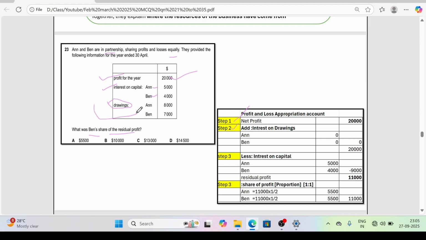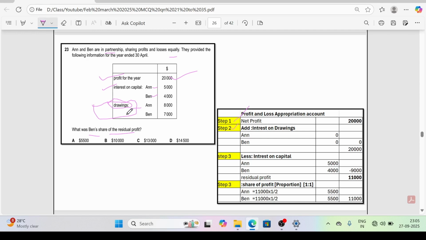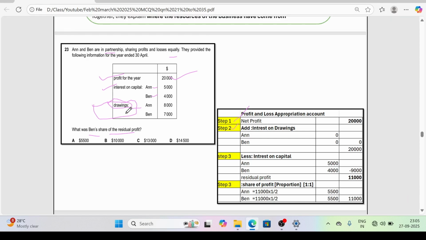They only mention drawings, there is no interest. Most 90% of students make a mistake here. Just because they mention drawings doesn't mean it's interest on drawings. So interest on drawings is nil.